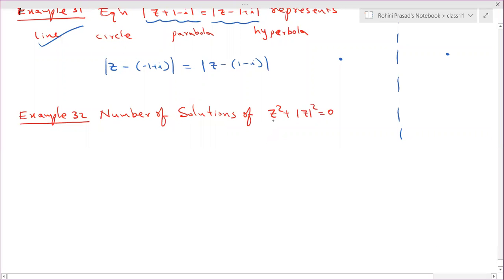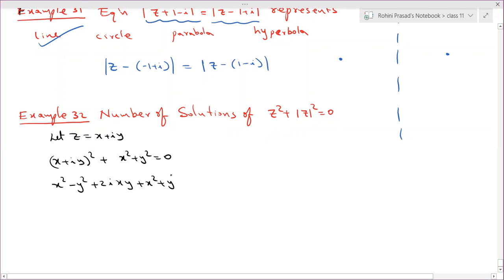So the number of solutions of z square plus mod z square equal to 0: let z equal to x plus iy and try to solve it algebraically. z square is x plus iy the whole square, plus mod z square is just x square plus y square, equal to 0. If you simplify this, it is x square plus i square y square, which is minus y square, plus 2ixy plus x square plus y square equal to 0.